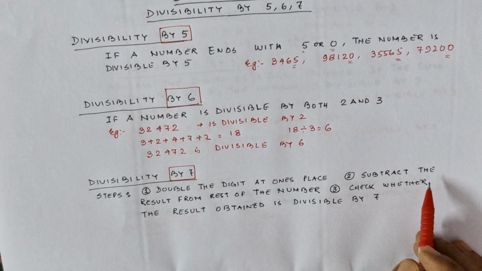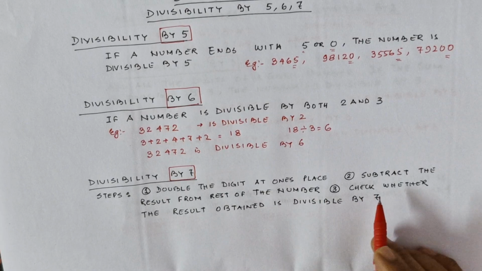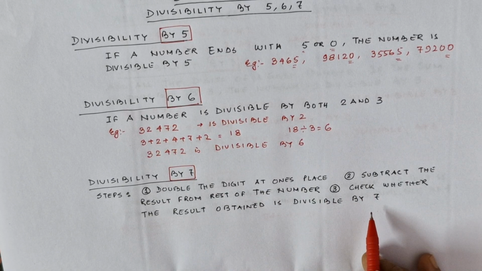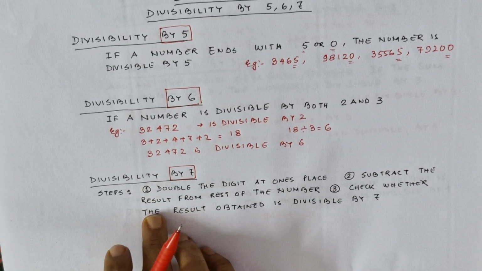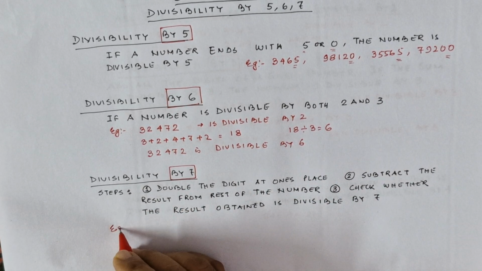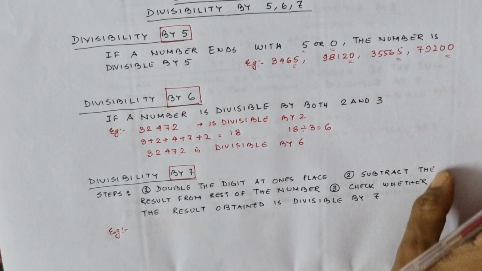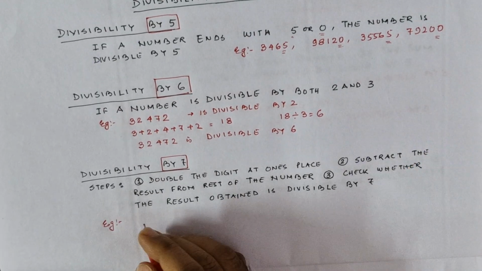Next step is subtract the result from the rest of the number. Third step, check whether the result obtained is divisible by 7 or not. If it is, then the whole number is divisible by 7. So let's go through the steps one by one.